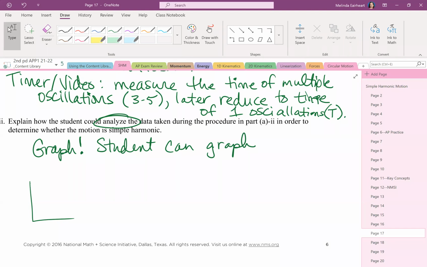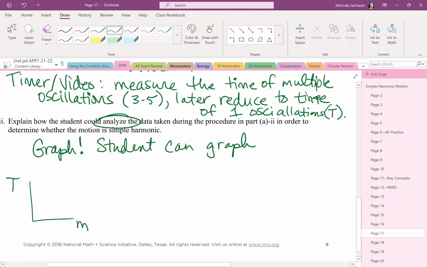So period is a time, and time commonly goes on the x-axis, but here, what were we controlling? The masses, right? So maybe we put mass on the x-axis, and period happens because of those masses, right?